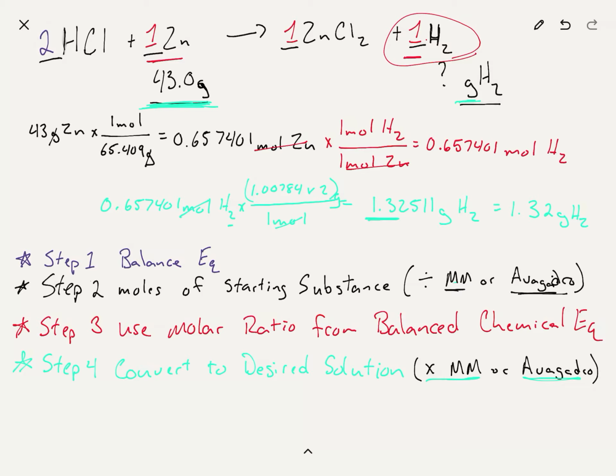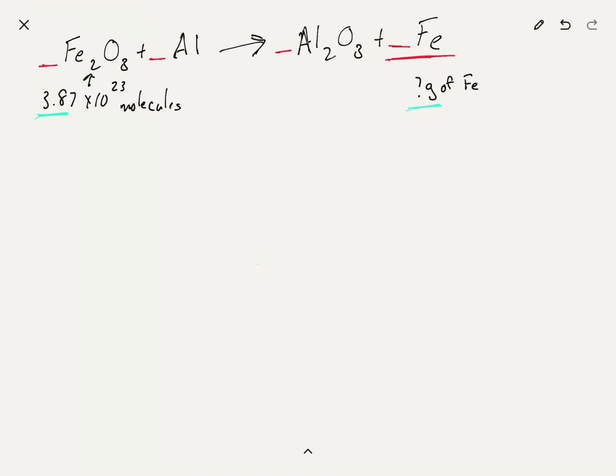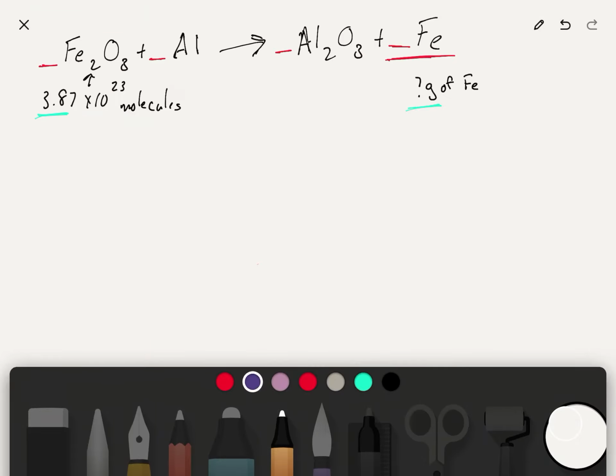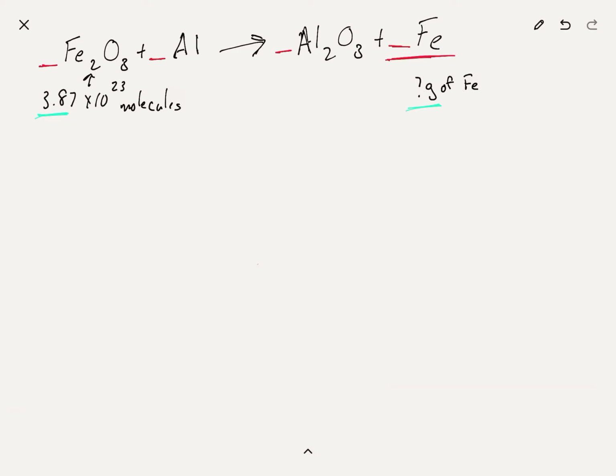Let's run through one more example of this. This time I have 3.87 times 10 to the 23rd molecules of Fe2O3, and I need to get grams of iron is what I want to find out. So first we need to balance this.